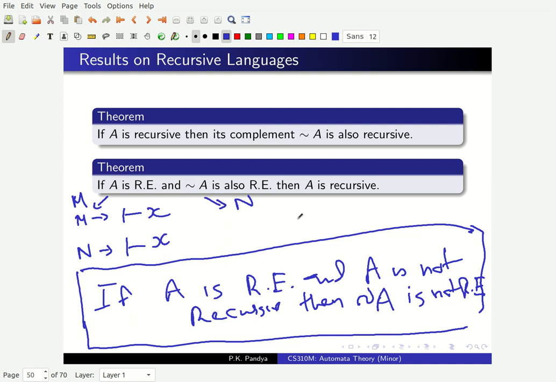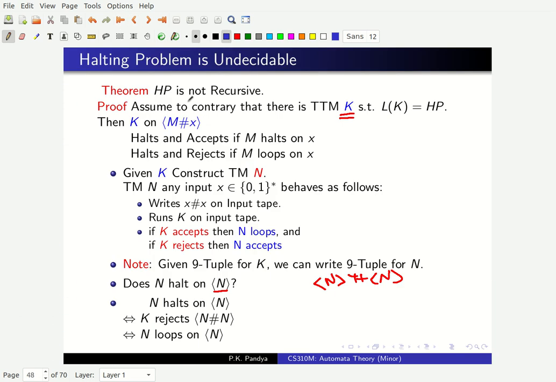What we have done so far are some very deep results. We have shown by using diagonalization that the language HP is not recursive. We did that by assuming that there is a total Turing machine K for HP, and derived a contradiction by constructing this machine N by doing surgery on K. If K exists, N must exist.